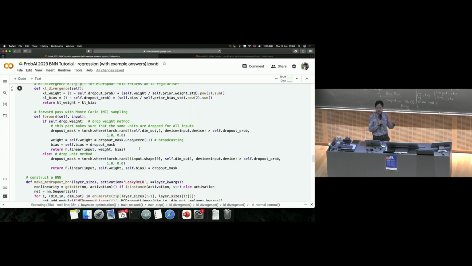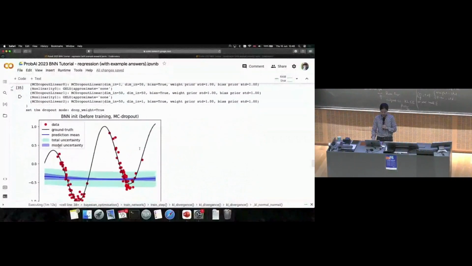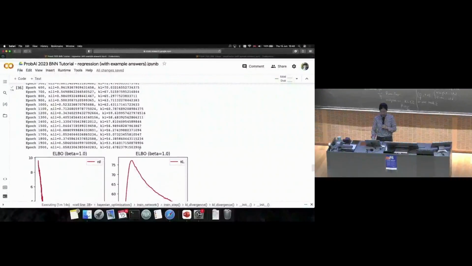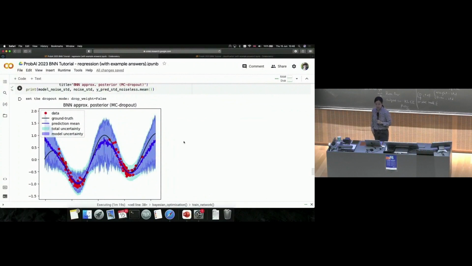The tutorial answers will be shared, so you can look at that later. But the reason why we are interested in two different implementations of dropout is regarding the plots of the functions. We fit an MC dropout network, and at test time, this is the result I actually got.